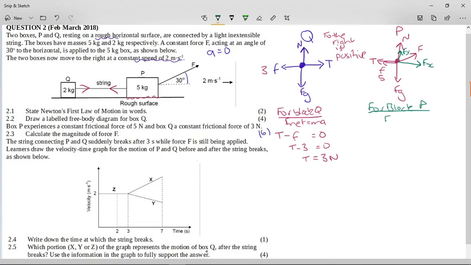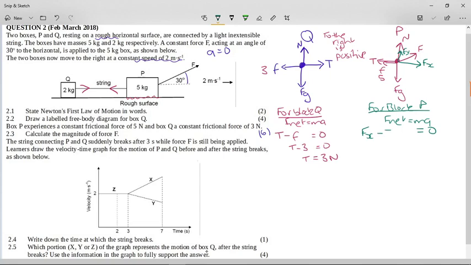So for block P, F net equals MA, which is going to be equal to 0, okay, because the block is not accelerating. So Fx, we said to the right is positive, so Fx is positive.